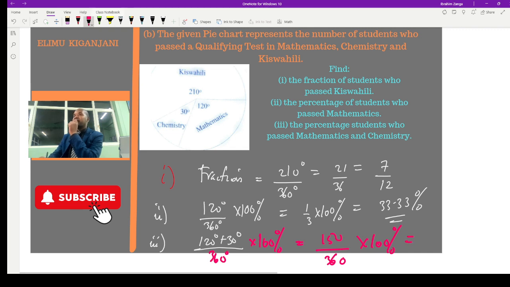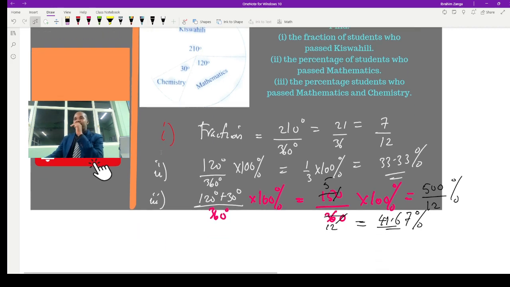By simplification, the zeros go. Dividing by 3 here will be 5, and dividing by 3 here will be 12. You'll have 500 divided by 12 percent. When you simplify 500 divided by 12, you have 41.67. It is 41.67%, dear students.